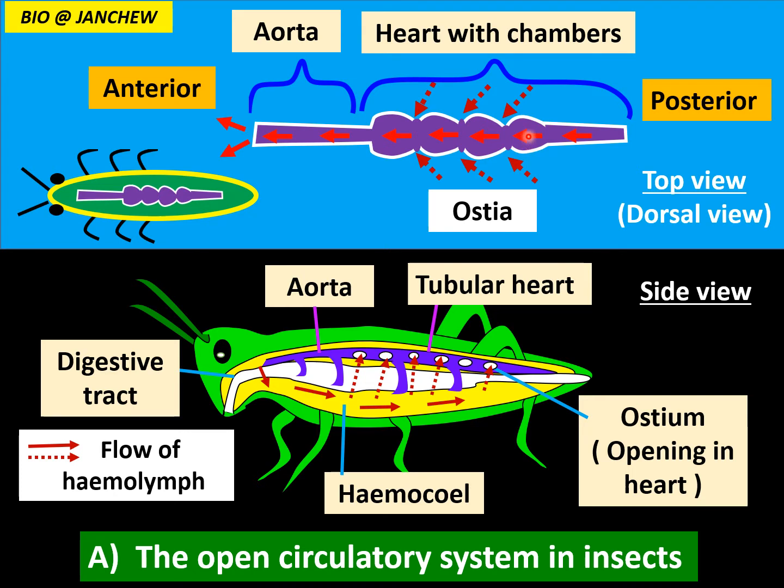The chambers mean the cavities in the heart, which are filled with the hemolymph. It's the same word, chambers, that we use for the human heart. The human heart has 4 chambers, 2 atria and 2 ventricles. Now the textbook uses this term, cavity segments, in place of chambers.